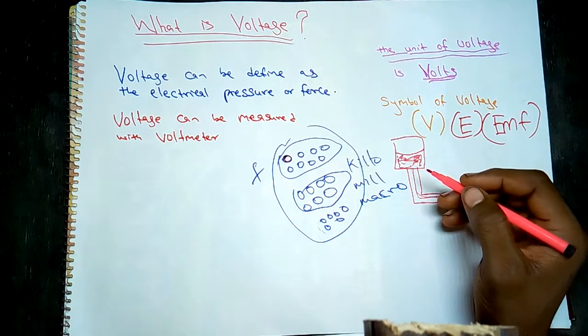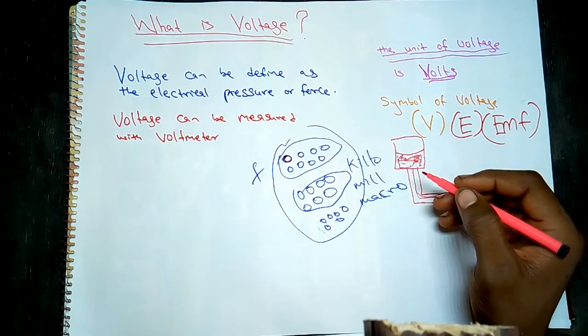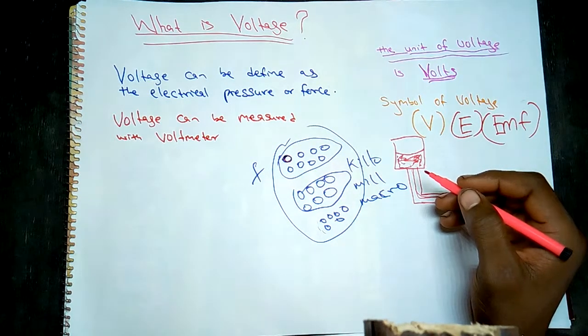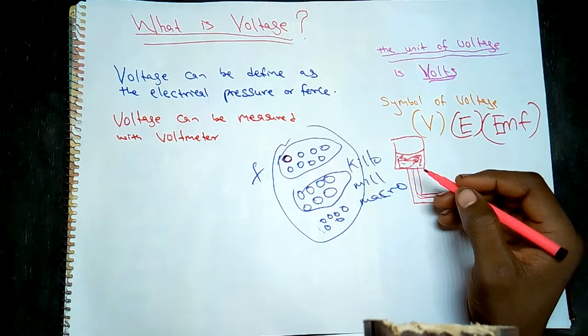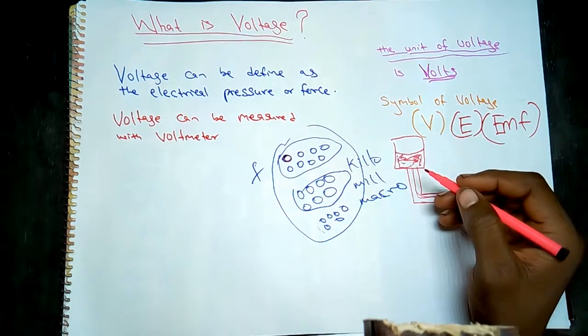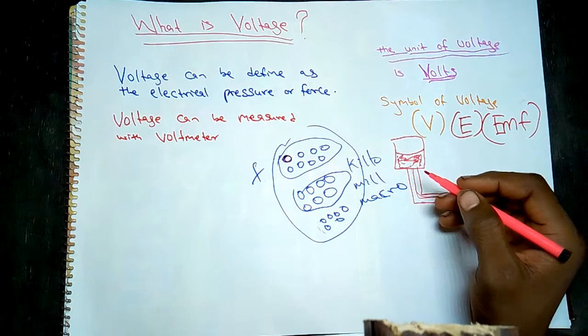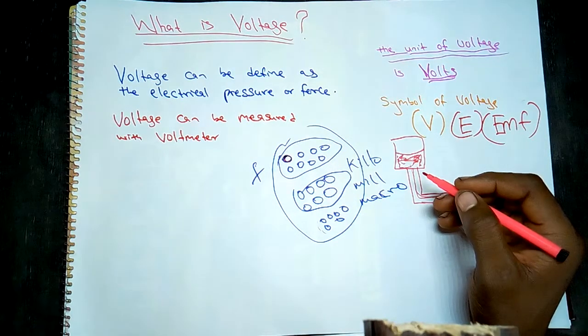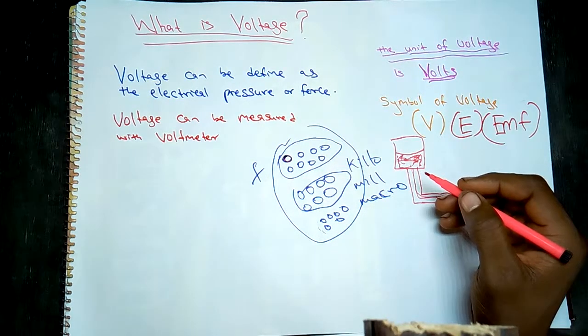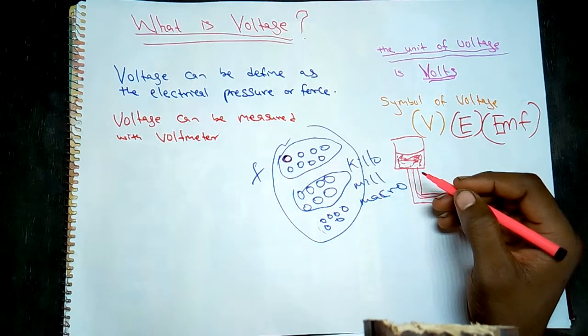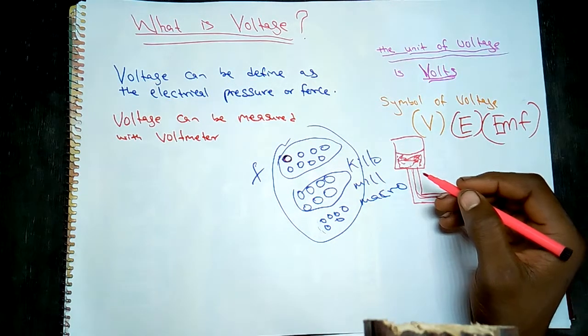That's why I started with current, then now entered into voltage. Our next topic is going to be about resistance, but it's not going to be in this video. We'll talk about resistance and power. Those four topics are the basic things a beginner should know about electronics before he or she can design anything. So if today is your first time watching, make sure you watch our previous video.